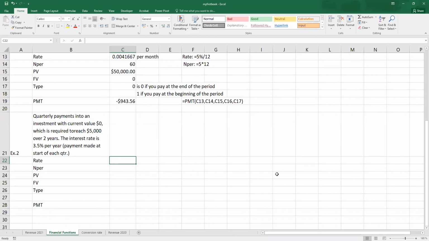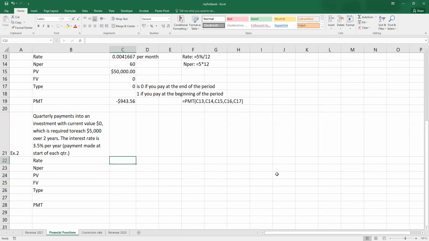Next, the interest rate must be constant. If the bank charges you 3.5% per year from the first quarter, then on the last quarter they still need to charge you 3.5%. If the bank said that in the first year they charge you 3.5% but in the second year 3.75%, then you cannot use this function straight away. What should we do?